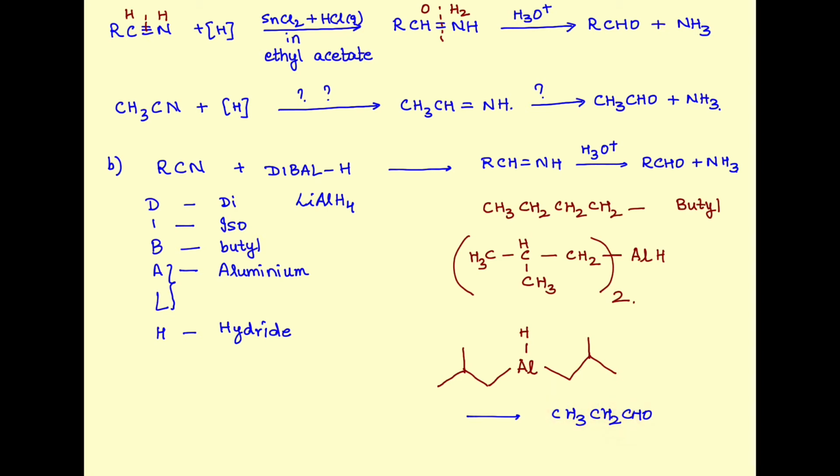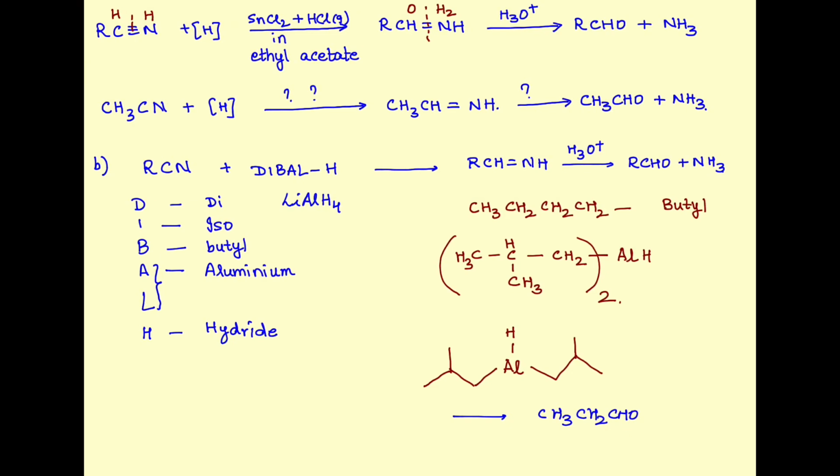So propane, propanal. Right? Al, not OL. So I can also write it as a skeletal equation. So we'll have CH3, CH2, C triple bond N as our starting compound. Step 1 is reduction. Step 2 is acidic hydrolysis.